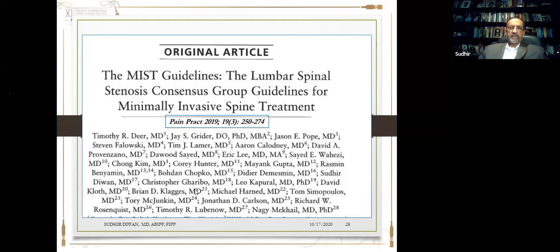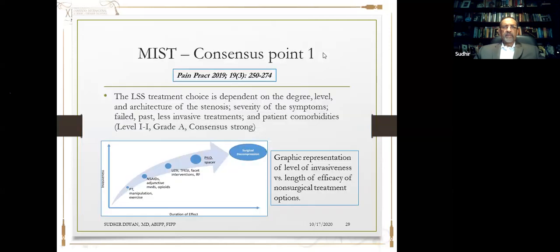There were consensus guidelines published last year by a group of physicians. I was fortunate to be part of this group, called the MIST guidelines, for minimally invasive spine treatment. These guidelines came with some very important consensus points that I would like to mention here.